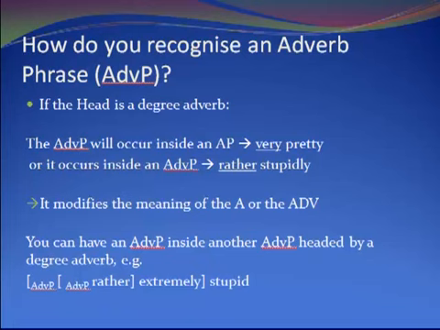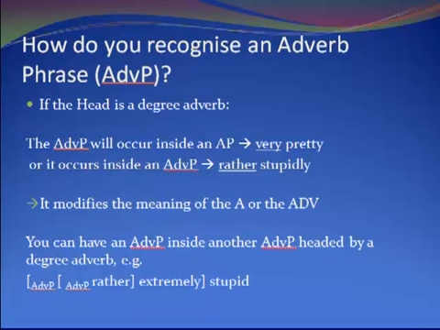So if the head of the phrase is a degree adverb, then the degree adverb phrase will occur either inside an adjective phrase. So if you've got an adjective like pretty, you can have an adjective phrase very pretty, where the adverb phrase is inside that adjective phrase, because it says something about pretty. It gives a degree of prettiness.